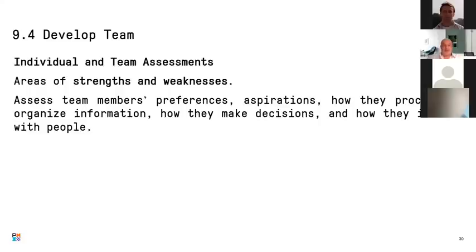Let's say one of the weaknesses of one of my team members is public speaking or presenting, and you need this team member to speak in a presentation with a sponsor. First, I should not put this person to talk with a sponsor, or with any other stakeholder, without the right skills.